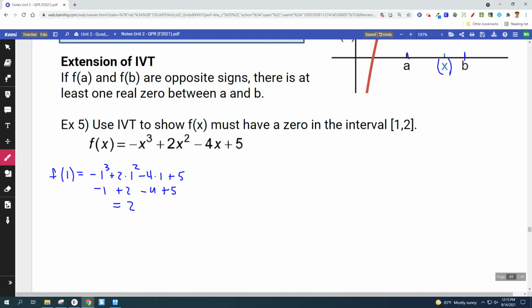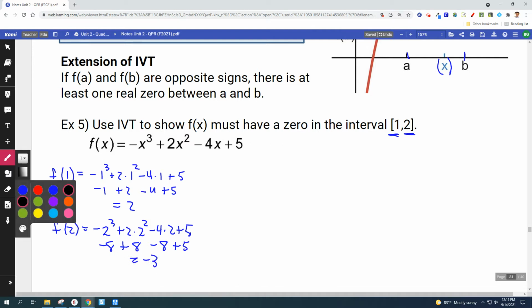Now we're going to plug in 2. I'm just plugging in these two numbers. See what we get. Negative 2 cubed plus 2 times 2 squared minus 4 times 2 plus 5. That's going to be negative 8 plus 8 minus 8 plus 5 equals negative 3.